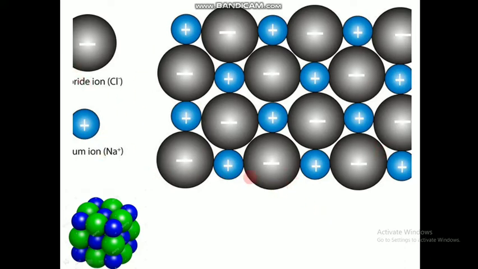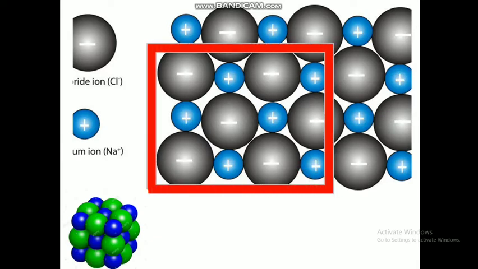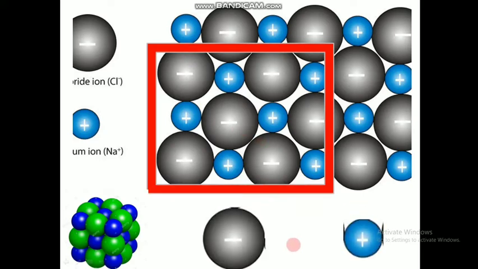When we try to dissociate this lattice with the help of heat, then comes the importance of lattice enthalpy. When we take 1 mole of this particular lattice and we provide energy to dissociate it into separate ions, we break the interaction between them and separate the ions.